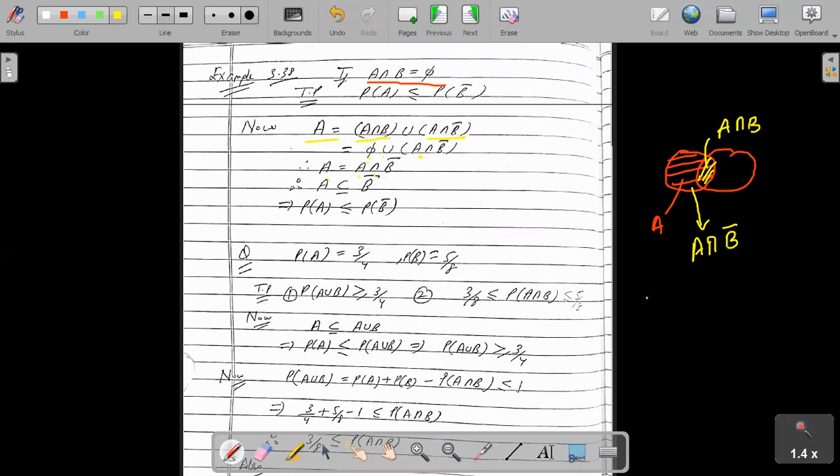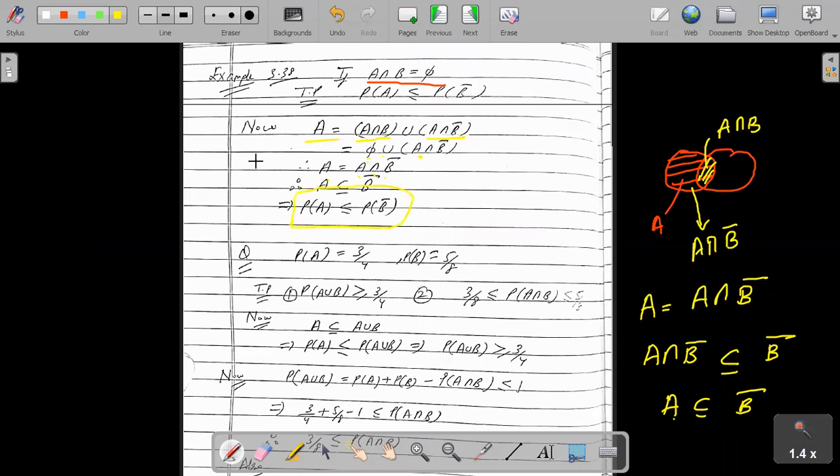A is nothing but the intersection of A and B bar, and we know that an intersection is part of both sets. So A intersection B bar is a subset of B bar, and A intersection B bar is equal to A, so A is a subset of B bar. And we know that when one set is a subset of another set, its probability is always less than or equal to that of the other set. Therefore, probability of A is always less than or equal to probability of B bar.